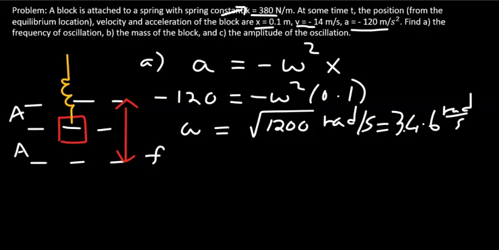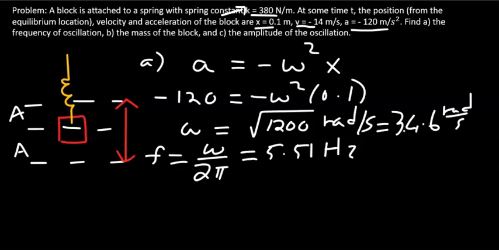To determine the usual frequency in the units of hertz, all we need to do is take that angular frequency and divide that by 2 pi, which will give you 5.51 hertz. And that's the answer for part A.